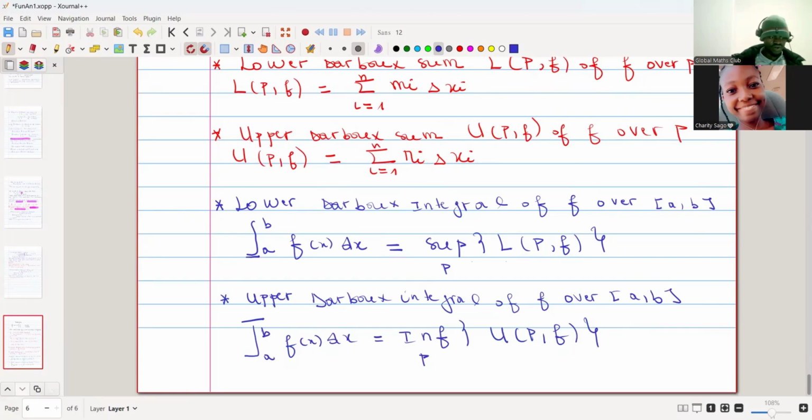And I recall the definition of everything. It was possible for me in the beginning to just start computing this, but now you know what the lower double sum is, the upper double sum, the lower double integral and the upper double integral. So what we need to do now is just to check.